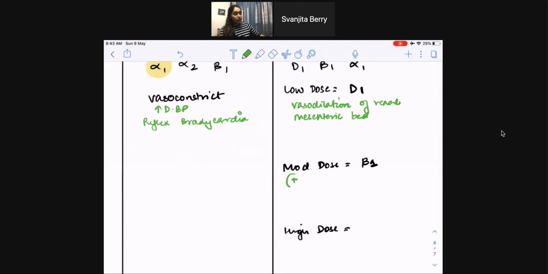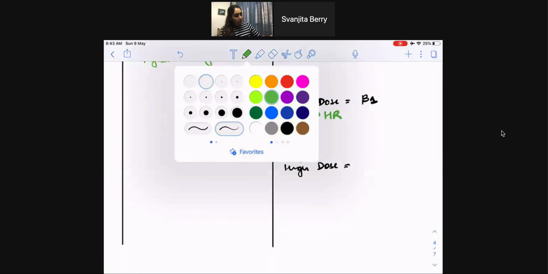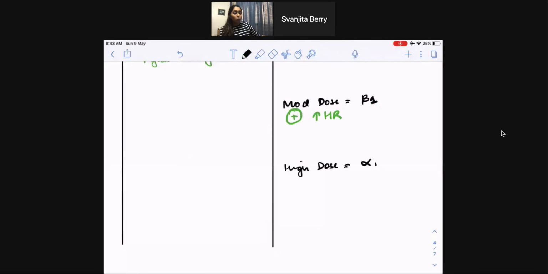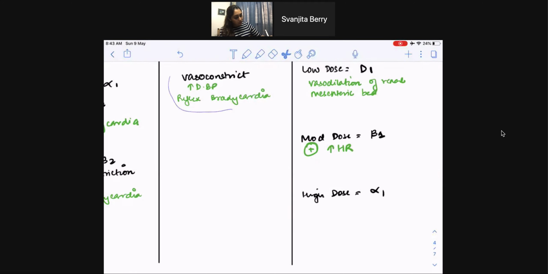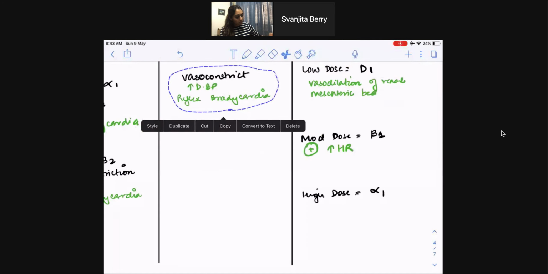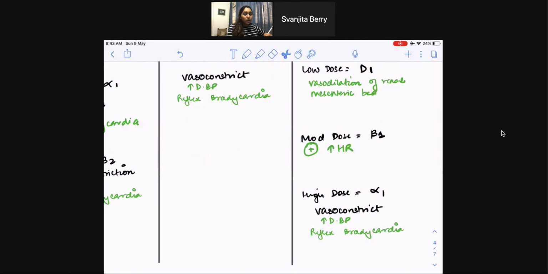It has a positive inotropic and chronotropic effect on your heart, so this is going to increase your heart rate. Then at high dose dopamine, alpha 1 is activated, and you see vasoconstriction. With alpha 1, diastolic blood pressure goes up, and you get reflex bradycardia.